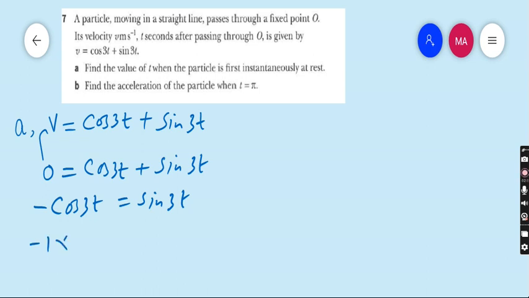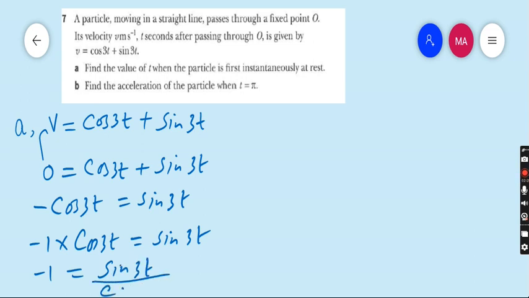It can be written as minus 1 = sin 3t upon cos 3t. Sine upon cos is tan, therefore sin 3t upon cos 3t is tan 3t.